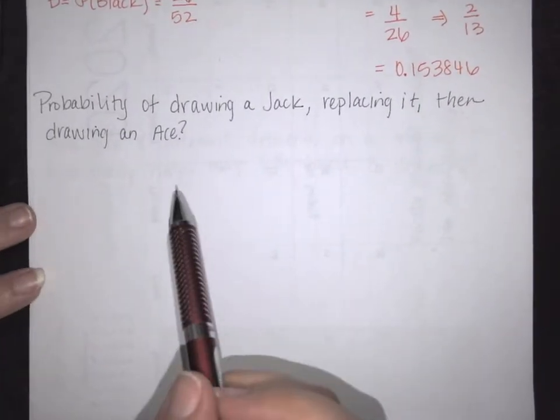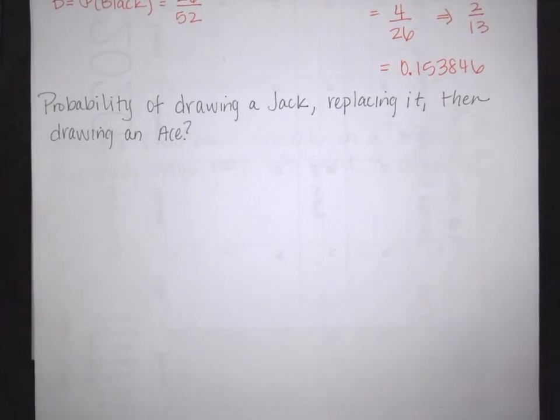Now let's look at the probability of drawing a jack, then replacing it and drawing an ace. So what that means is I'm going to draw my jack, I'm then going to put it back, and then I'm going to draw my ace here.